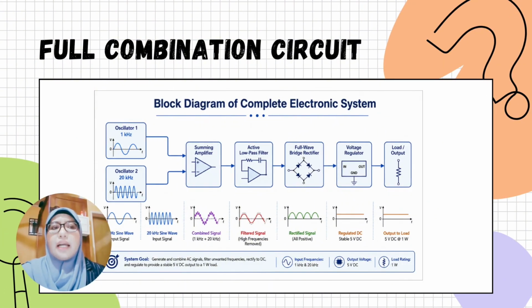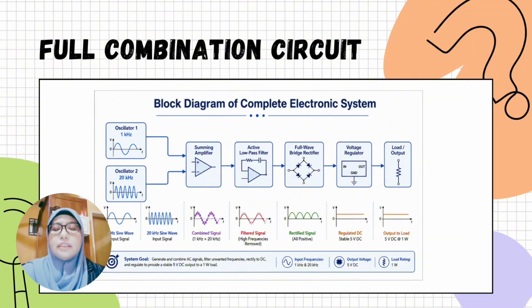For this slide, I will explain the block diagram for our complete electronic system. First, the system starts with two oscillators. The first oscillator generates a 1 kHz sine wave, while the second oscillator generates a 20 kHz sine wave.